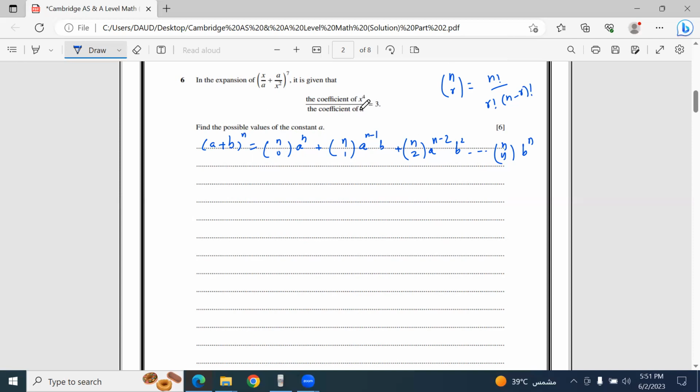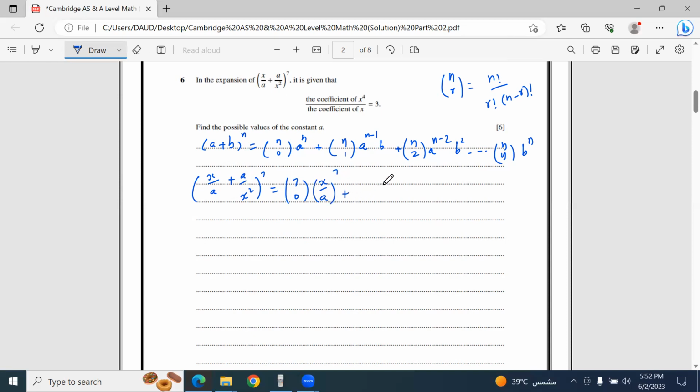Remember, nCr is equal to n factorial over r factorial times (n minus r) factorial. But we need only two coefficients, x^4 and x, so be careful when you expand. (x over a plus a over x squared) to the power 7. First term, 7C0 and (x over a) to the power 7.